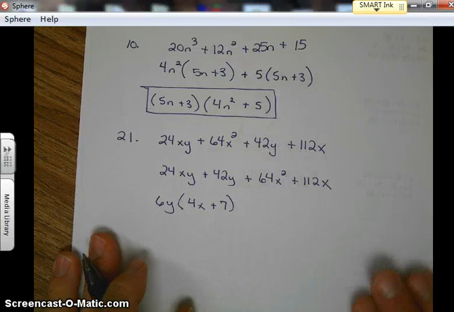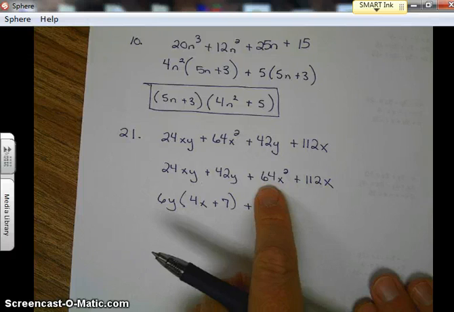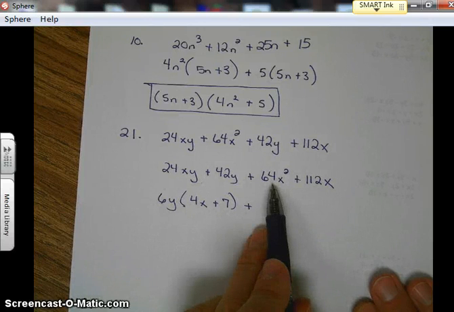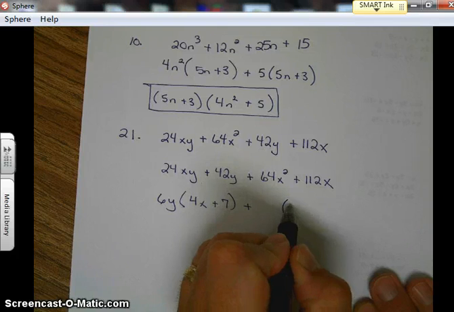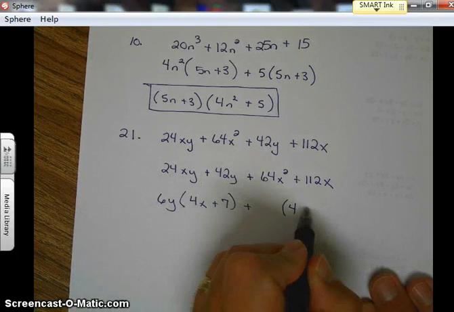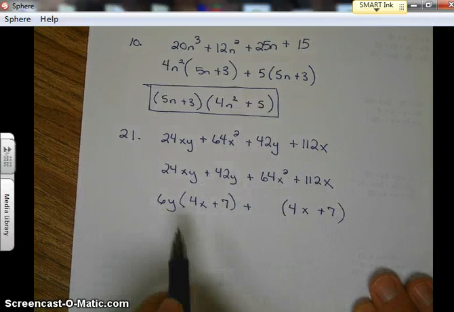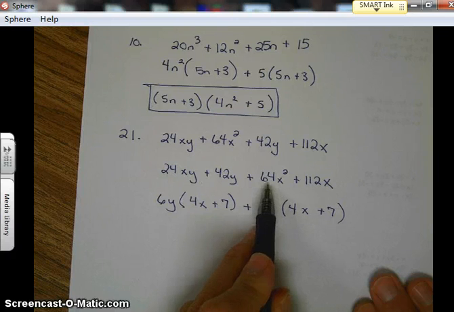Okay, so now over here, you're thinking, okay, well, what in the world can we factor out of 64 and 112? Well, we know that we want this to be a 4x plus 7. So 4 times what is 64?